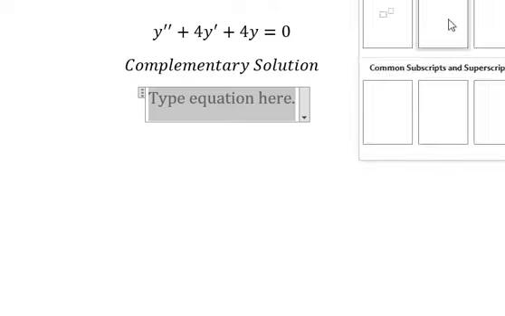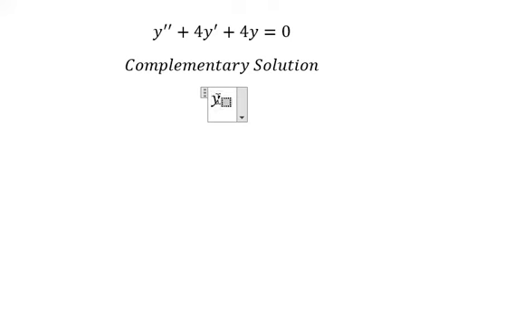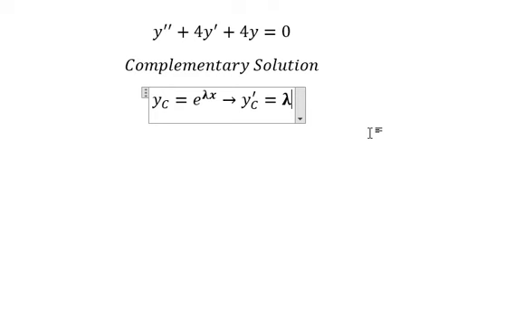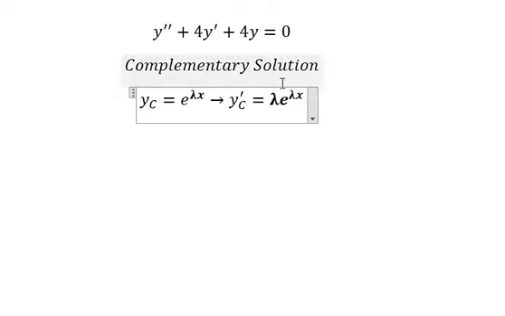So I will put yc equal to e to the power of lambda s. Next, we need to do first the derivative of this one. And we have lambda e to the power of lambda s, because if we do the first derivative of e to the power of lambda s, we keep the same e to the power of lambda s.